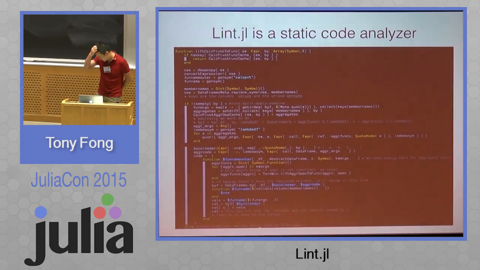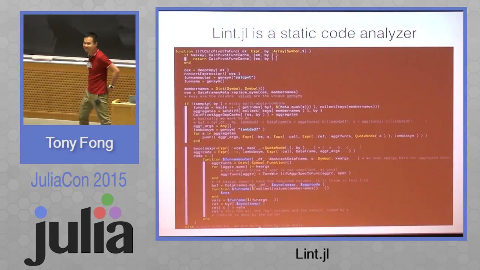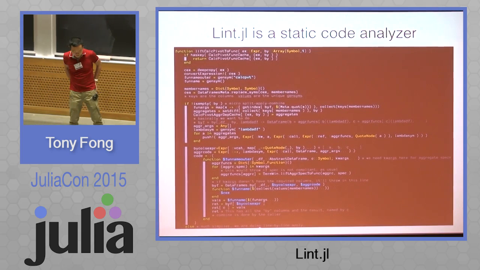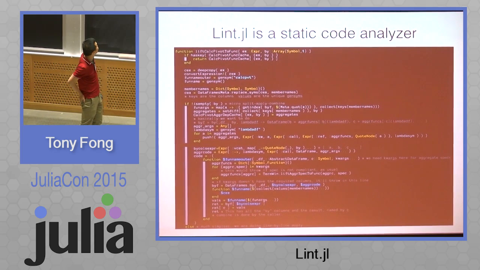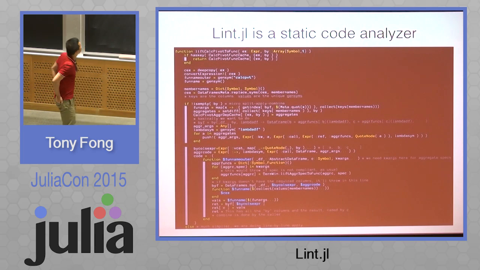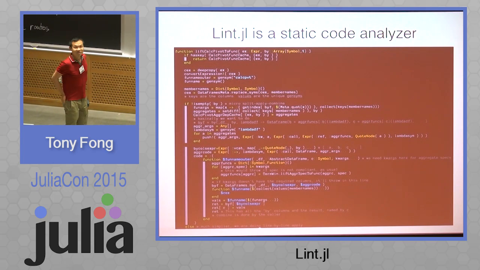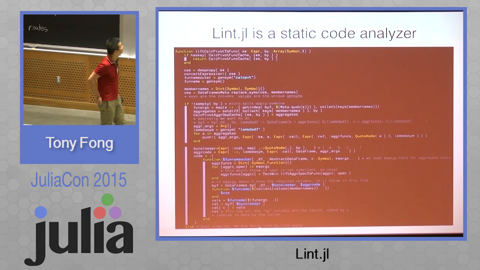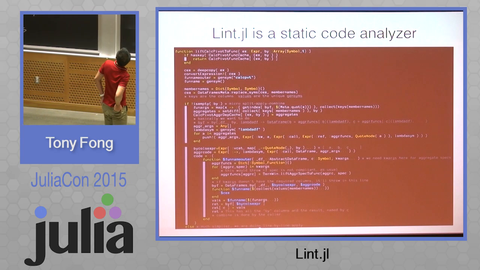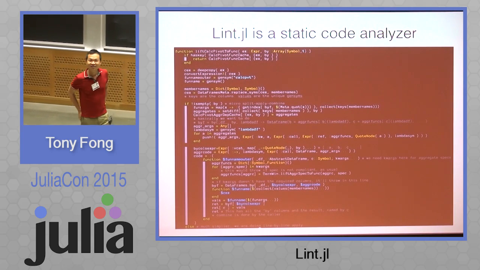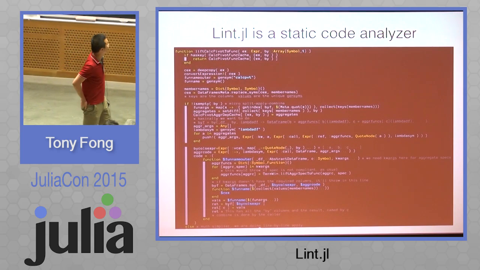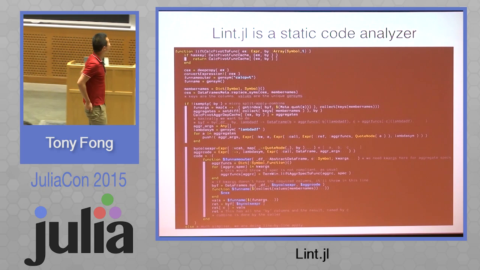So Lint is a static code analyzer. From time to time, you write spaghetti code like this. This is my code. Lots of symbols, structures, and there is a problem here. I can give you 2 minutes to see if you see any syntax error or things that will create a runtime error.